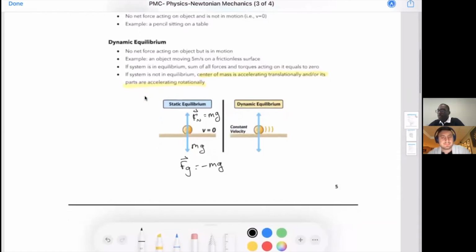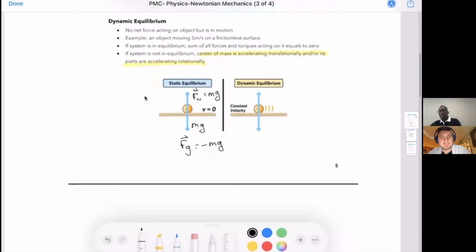Awesome. So then we talk about dynamic equilibrium. In some instances, we'll bring in another concept of force, but we'll get to that in a little bit. And so what happens is there's also no net force acting on the object, which can be slightly confusing, right? Because it's like, can it be moving? Correct.